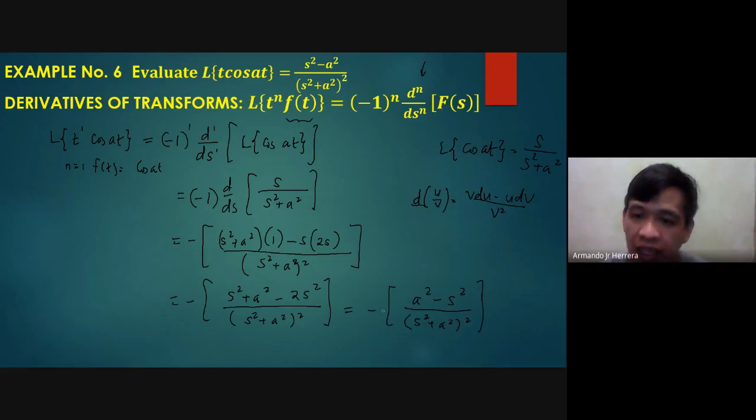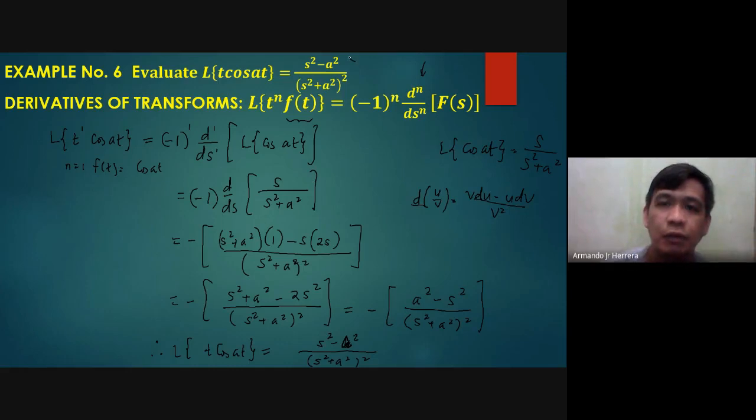Then distributing that negative since it is preceded by a negative, therefore, the Laplace transform of t cosine at is given by s squared minus a squared over s squared plus a squared squared. So that proves the formula for the Laplace transform of t multiplied by cosine of at.